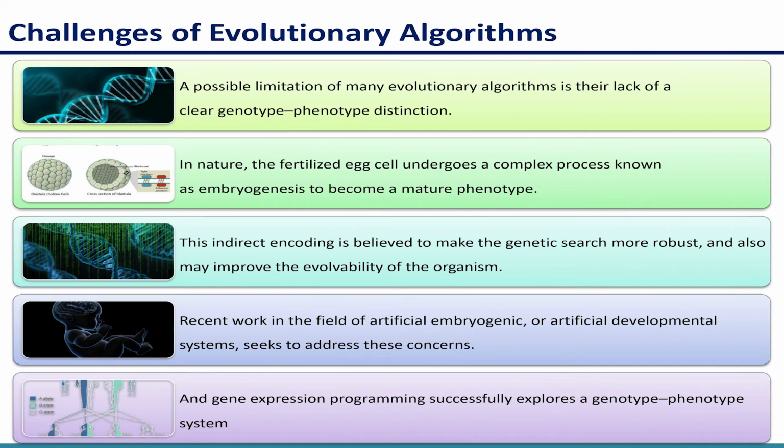So indirect encoding is believed to make the genetic search more robust and may also improve the evolvability of the organism. Recent work in artificial embryogeny and artificial development seeks to address these concerns.